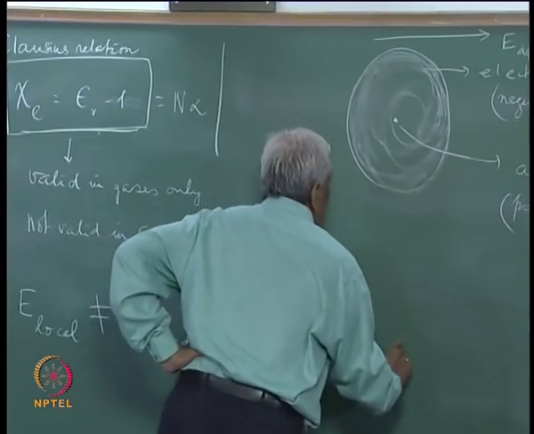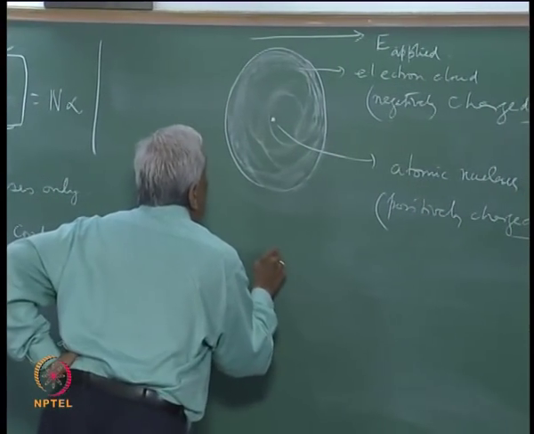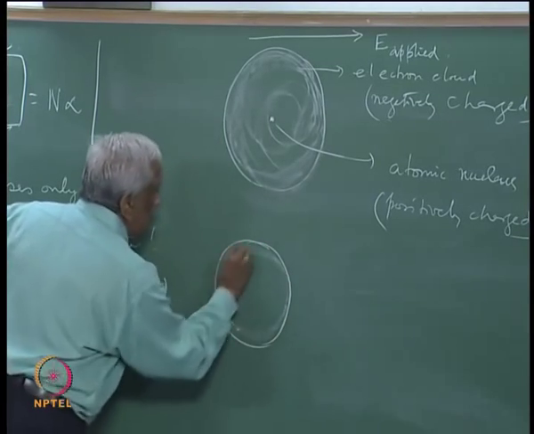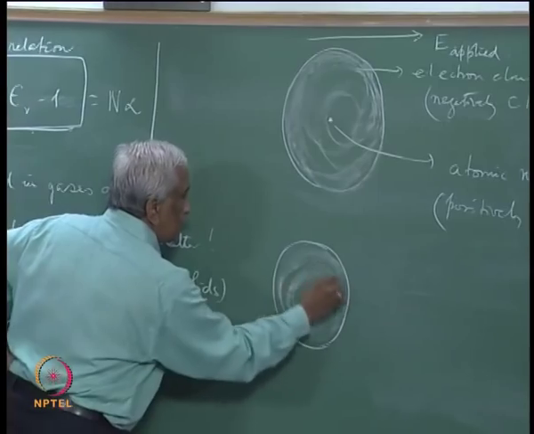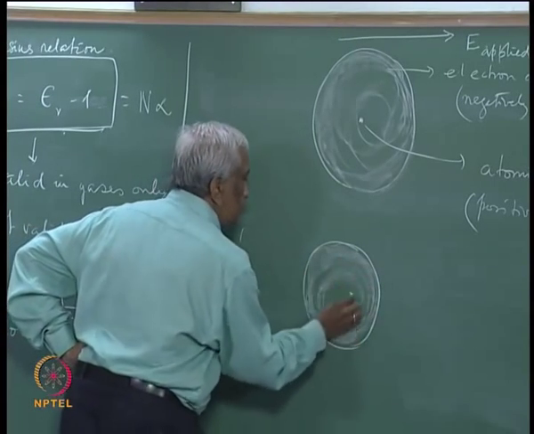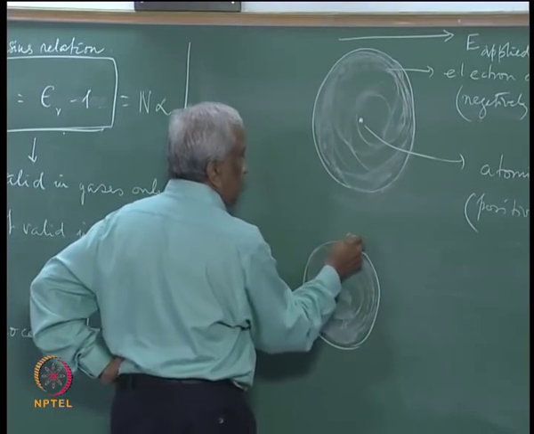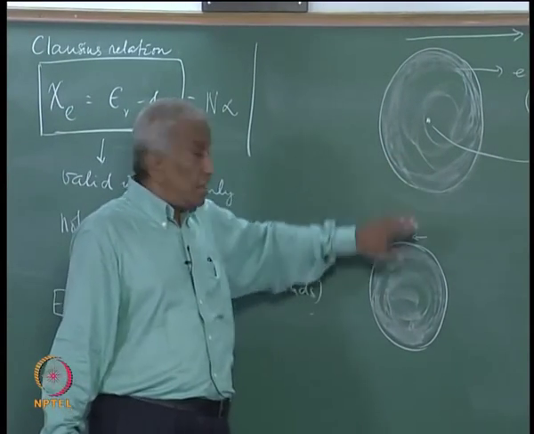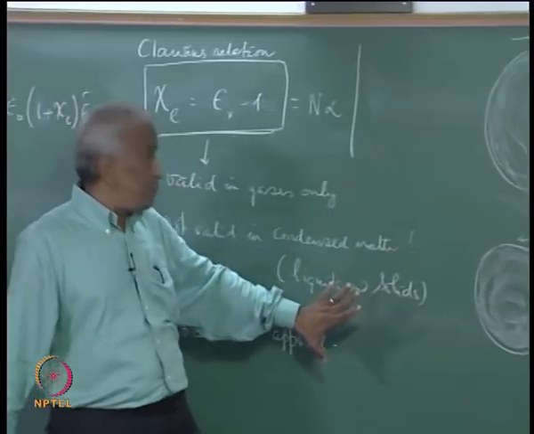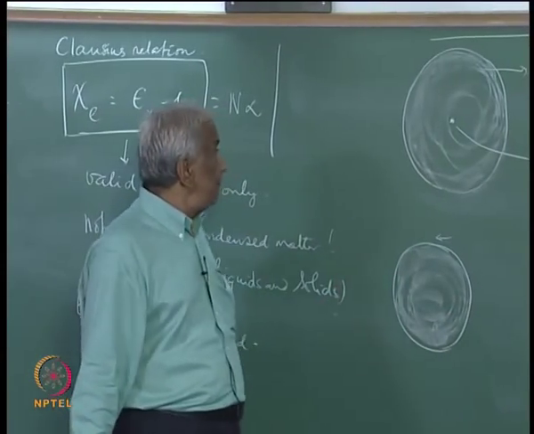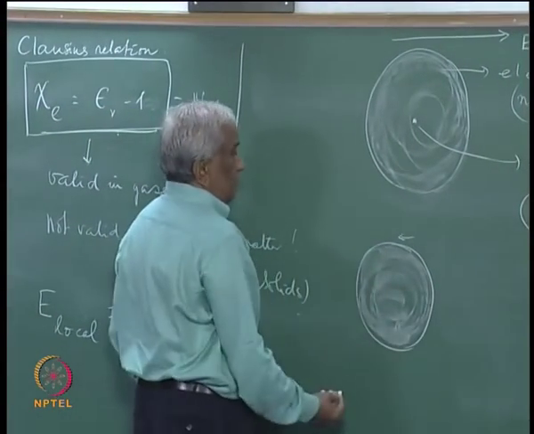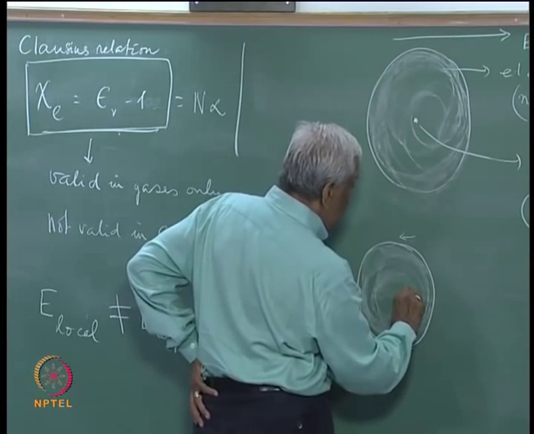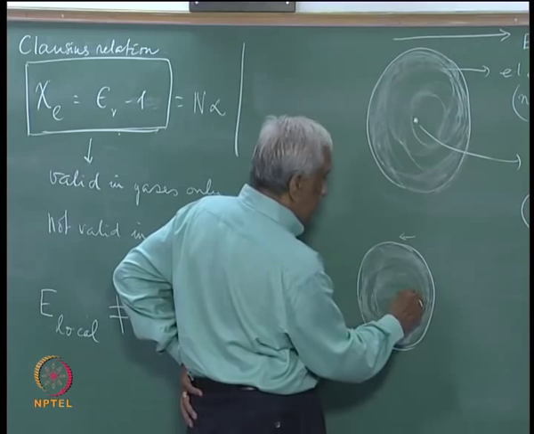then the electronic cloud moves away. So, this is the way the electronic cloud is displaced in this direction from the original position. We assume that it is a rigid displacement without any distortion, so that this moves like this, and the positive nucleus moves a little bit.